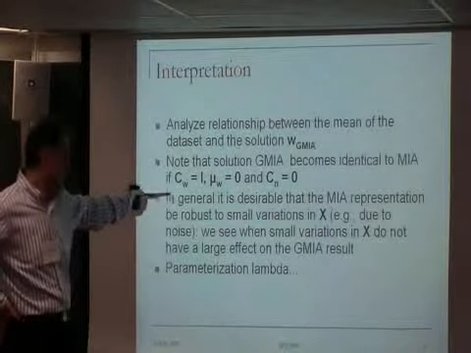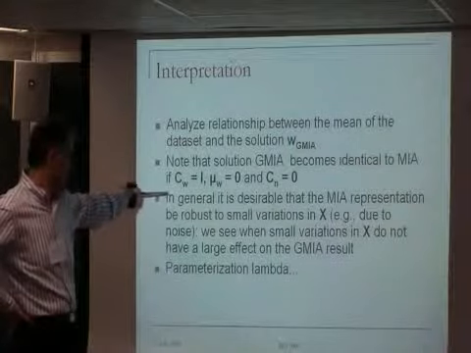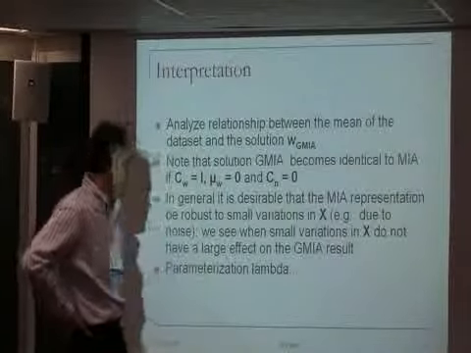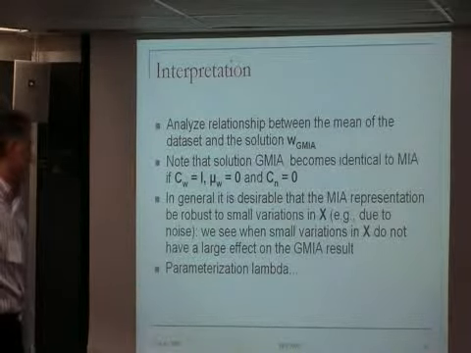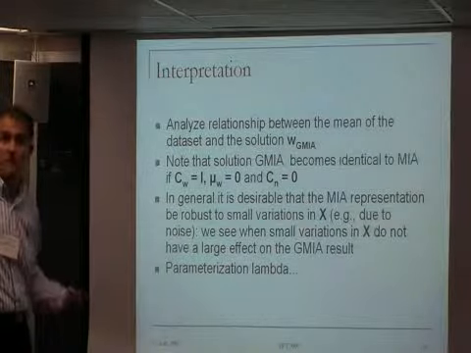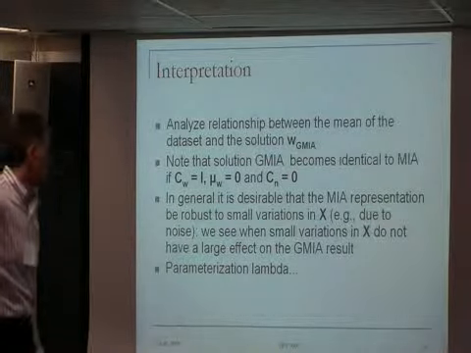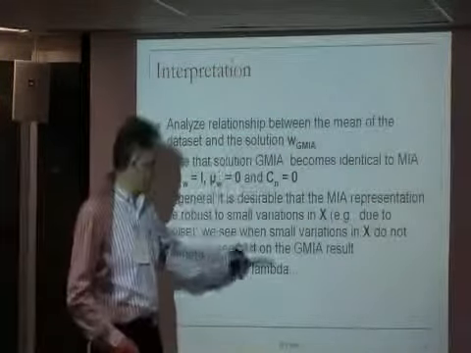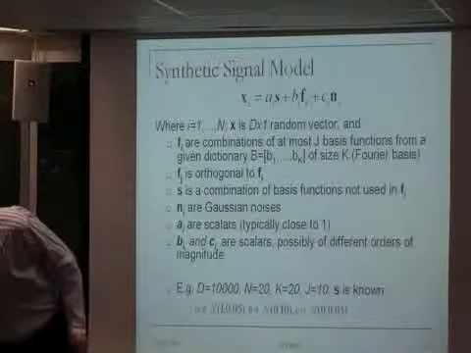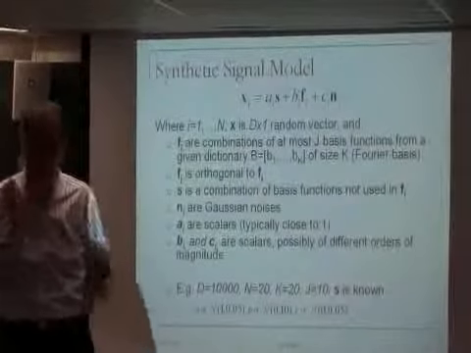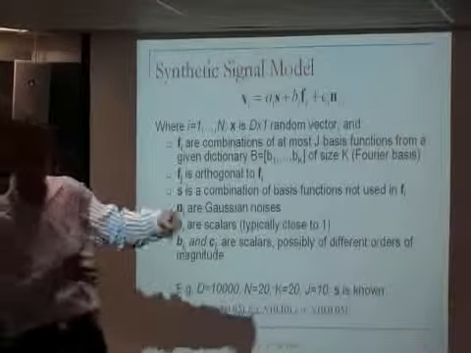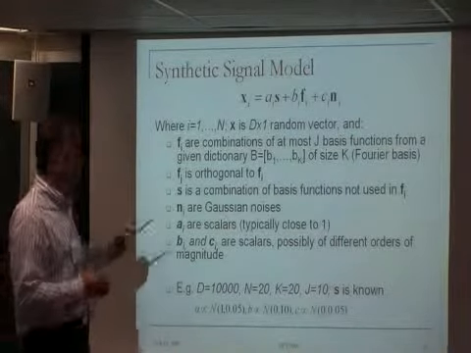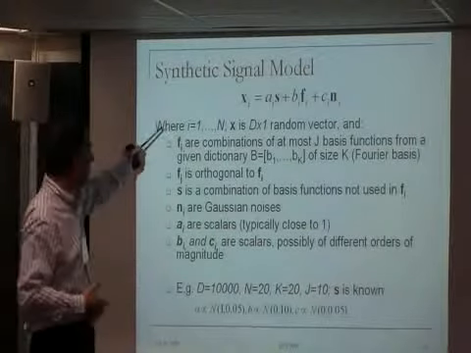All right, so in general, we want the MIA representations to be robust to small variations in X. So we'd like to see what happens in case we have such small variations in X. And eventually we'd like to parameterize our solution, and I will show you exactly how, in order to be able to analyze and see if this general minimum square error estimator sheds light on what we do.